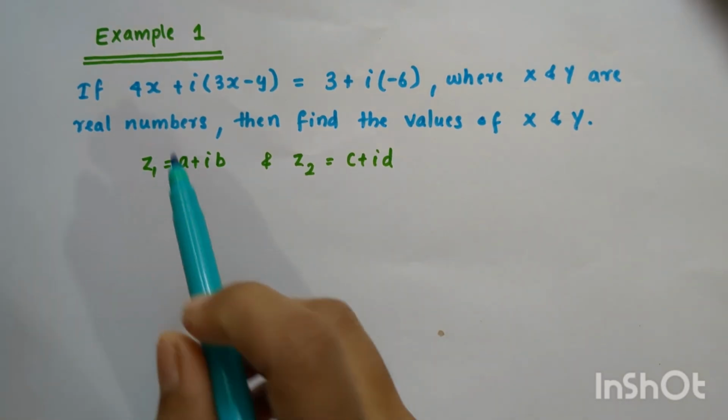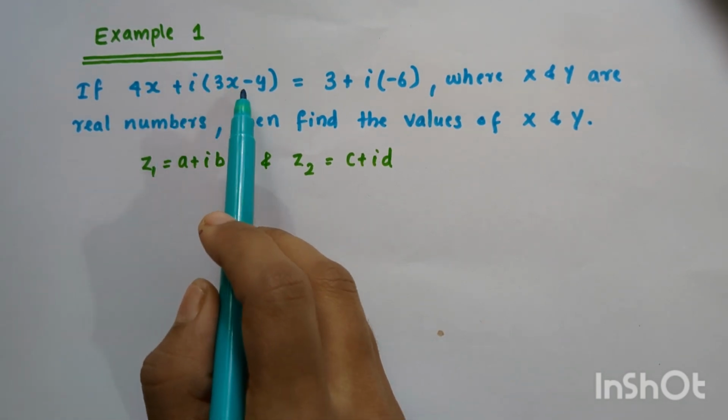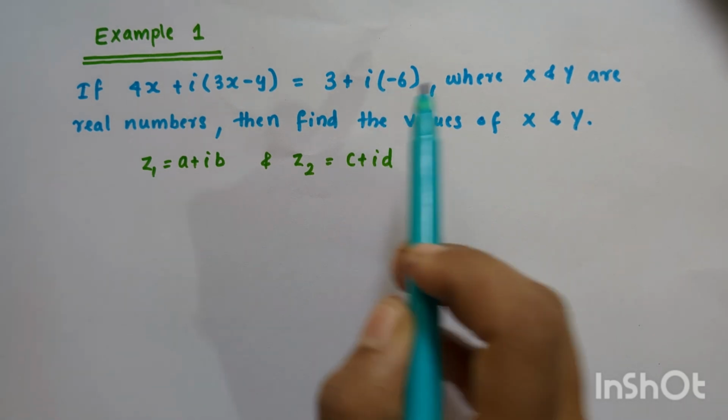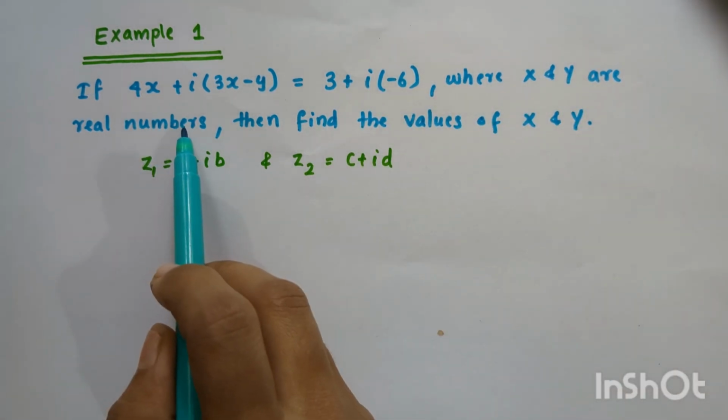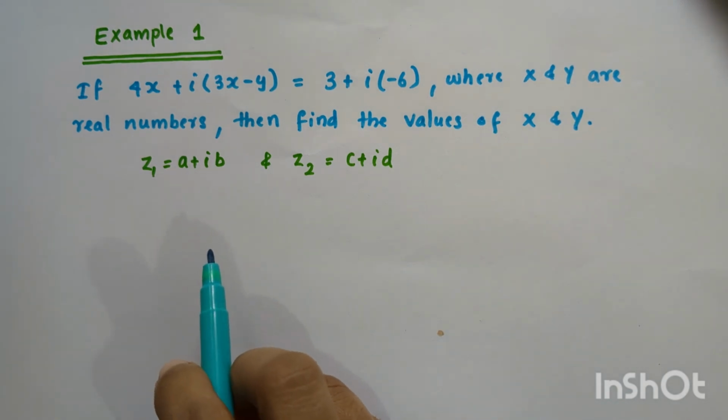Now, let us discuss this example 1. If 4x plus i into (3x minus y) is equal to 3 plus i into (minus 6), where x and y are real numbers, then find the values of x and y. That is the question.